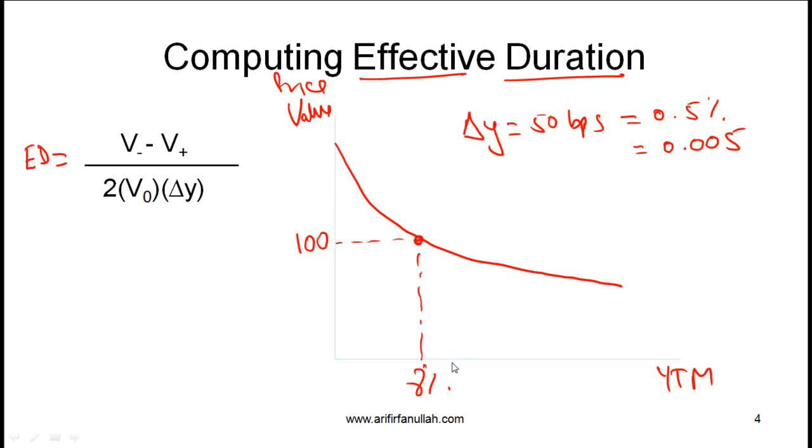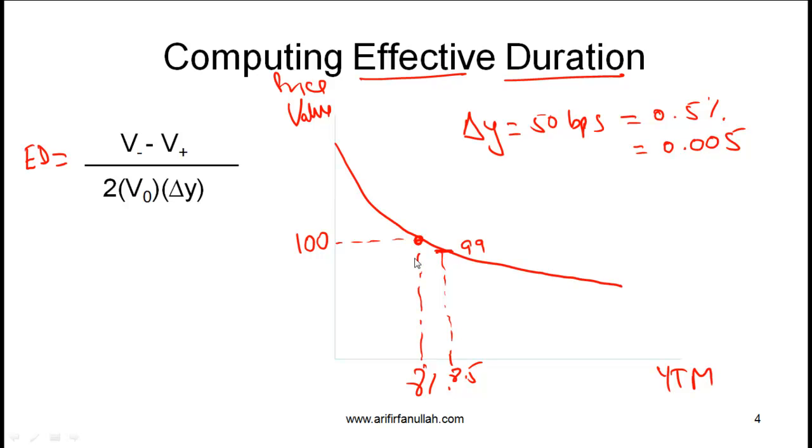So if interest rates go up by 50 basis points, then our yield is 8.5%. At a yield of 8.5%, let's say that the bond price comes down to 99.